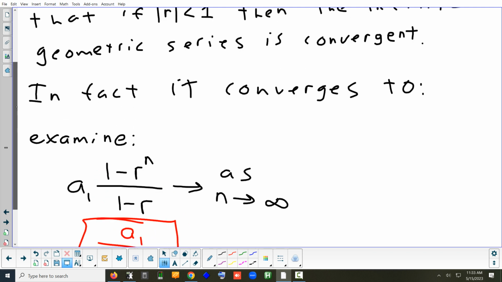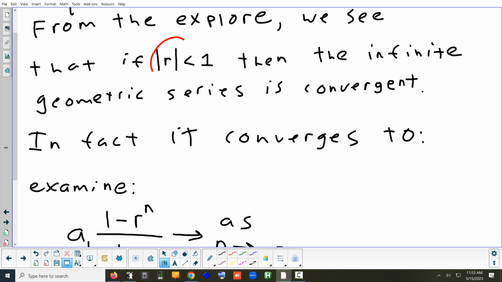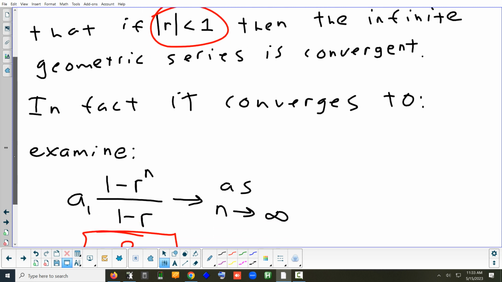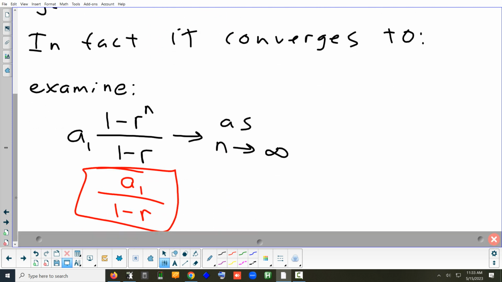Now, you can use that formula when that condition doesn't hold, but it doesn't mean anything. So this formula only really has meaning when the r value is between -1 and 1. If you use it otherwise, I don't know what it's telling you. It's not telling you anything.